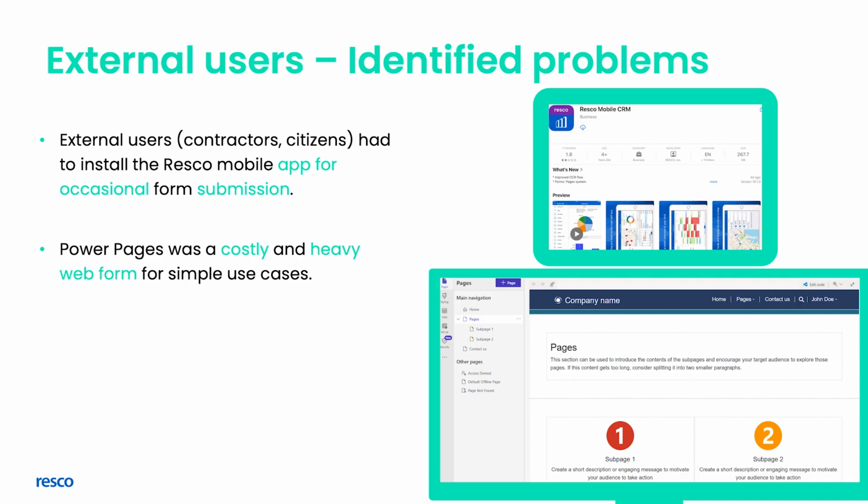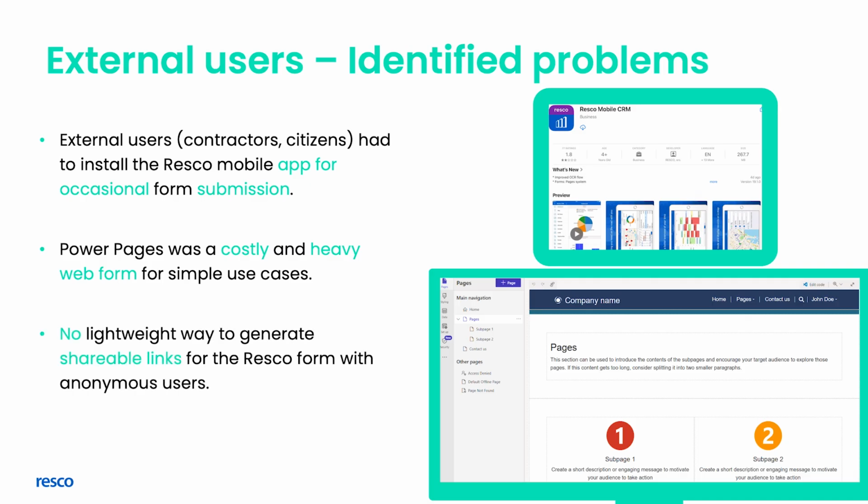Or even for Power Pages, it's quite a costly and heavy solution if the use case is just simple. And last but not least, Resco didn't have an opportunity to use shareable links for data collection of external users.